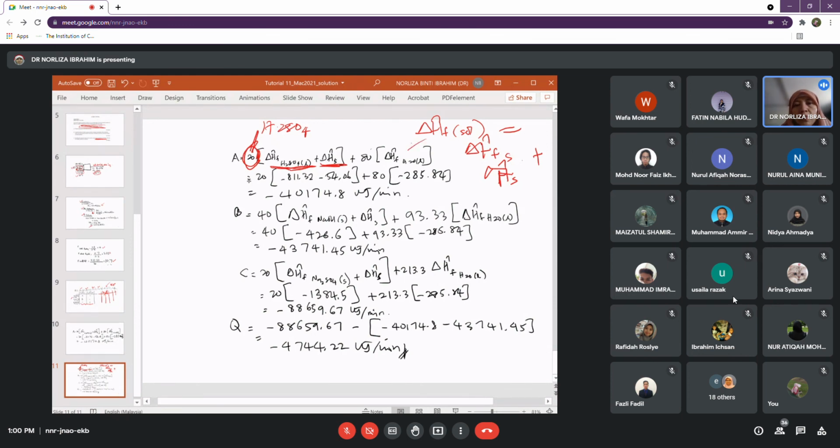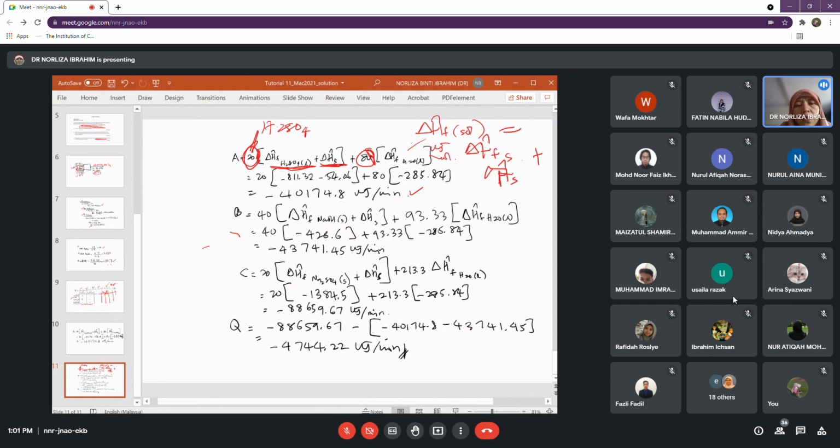That's why we need to multiply with 80. Because the formula is kilojoule per mole of the solute. More solute, more; more solvent, more. So you need to multiply with the respective flow rate of that component. So 20 and 80. You get A as negative 40174.8.